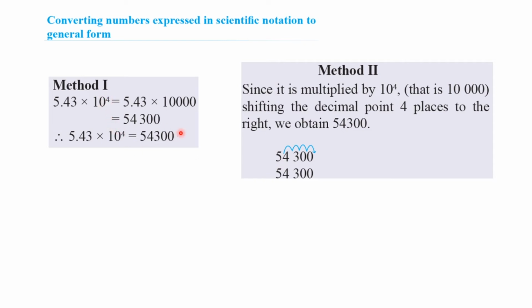If it is 4, you shift the decimal 4 times, 1 2. If there are no digits, you can put additional zeros, 3 4. So here 4, you have to shift it to the right side. How many times? 4 times. But in this case there are only 2 digits, so you can shift it only 2 times.